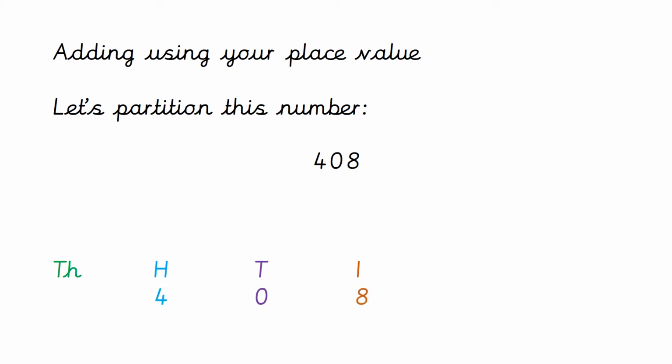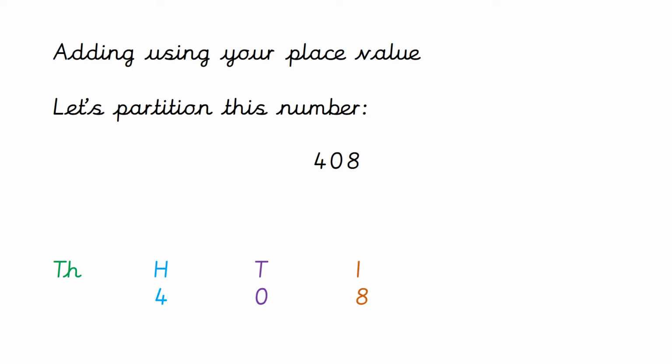So now I've put my numbers into my place value, I can work out the value of each of my numbers. So if my 4 is in my hundreds column, that means I've got 4 lots of 100. So 4 lots of 100 would be 400. My 0 is in my tens column, so that means I've got 0 lots of 10, which would be 0.